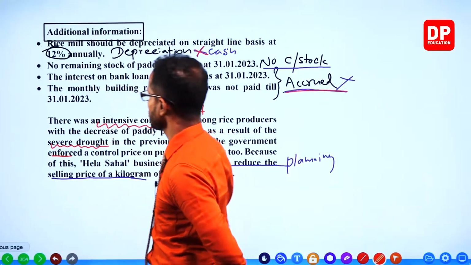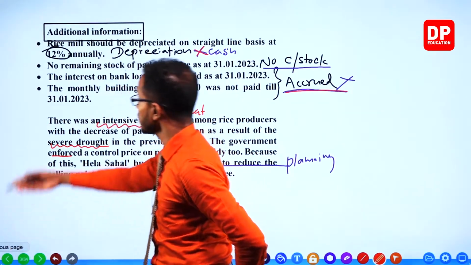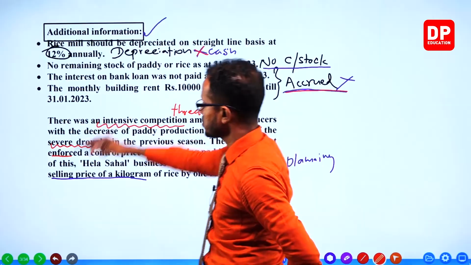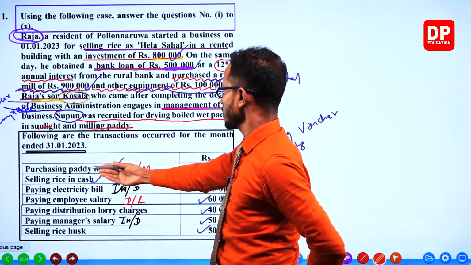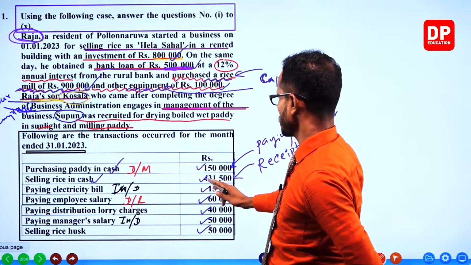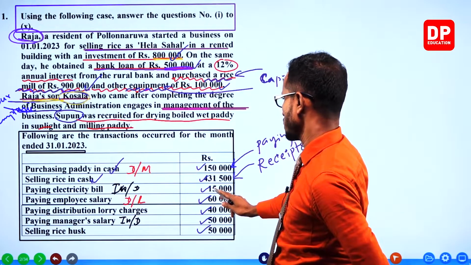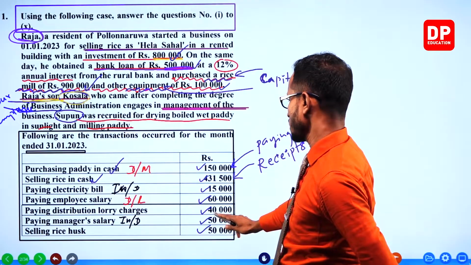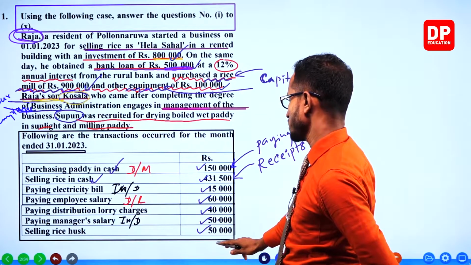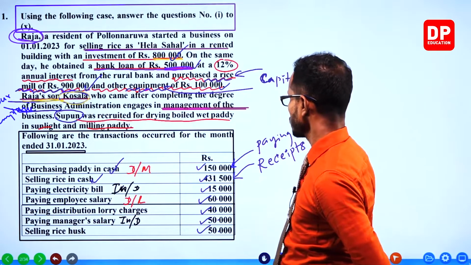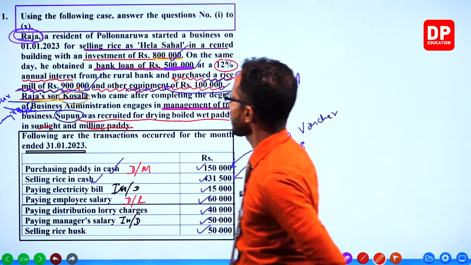Here we go, additional information. We have to take these things. We took all these, right? We took the electricity bill, salary, distribution lorry transport, manager salary, yeah, all that is taken.